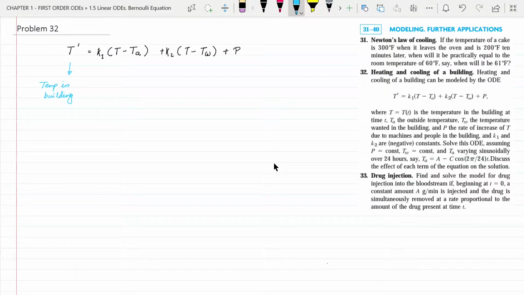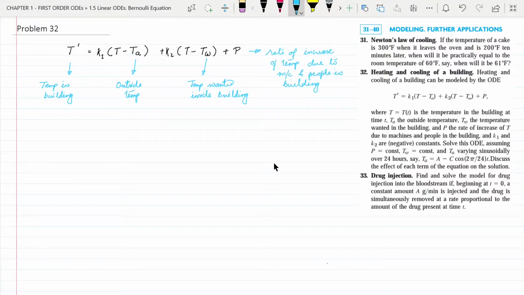TA is the outside temperature. T omega is the temperature wanted inside the building. So this P is the rate of increase of temperature due to machines and people in the building. K1 and K2 are constants, but negative constants. So we can write that K1 and K2 are negative constants.